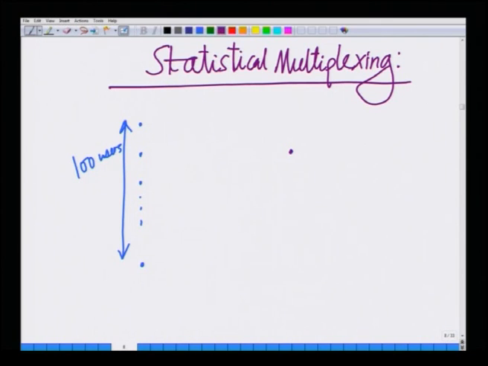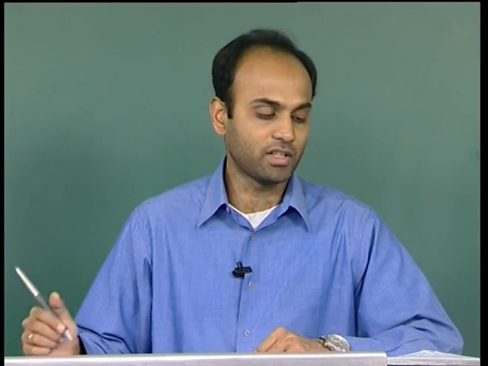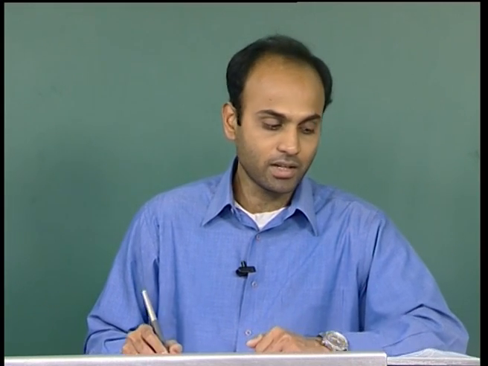Now, I no longer have a large number of channels, but only a few channels. Let us say I have about 10 to 15 channels, all right. I have 100 users, but I only have about 10 to 15 channels to multiplex all users. This is termed as statistical multiplexing, where you are essentially using the statistical properties of the traffic to multiplex a large number of users.